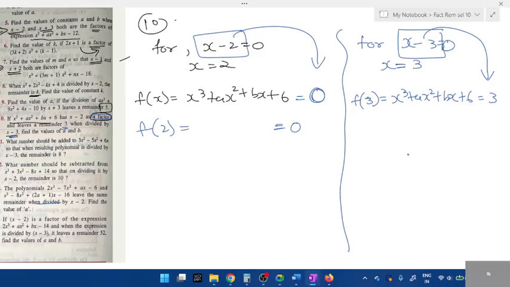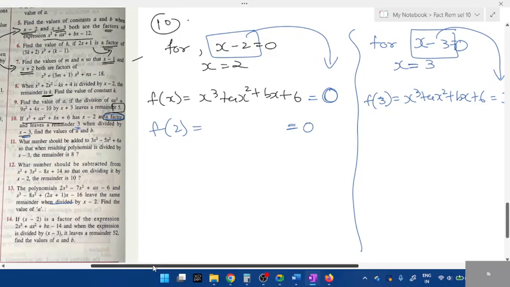Minus 1. Fine. All of you understood how to solve? So this is the 10th one.